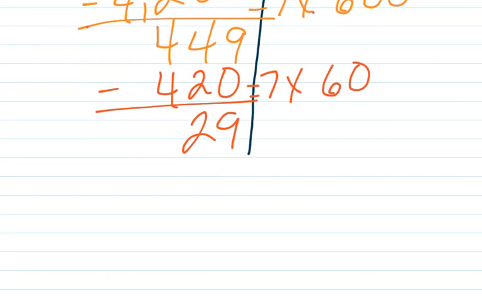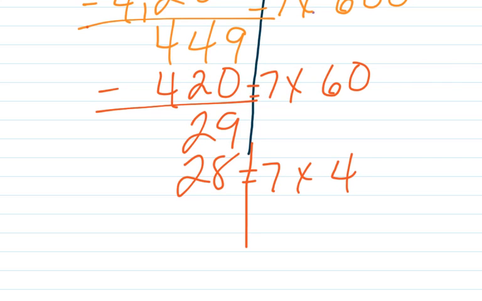And since I do know my facts, up to 7 times 7, well, 7 times 4 is 28. You remember, you always keep your equal sign and your numbers going inside your 7. So 7 times 4 is 28. 29 minus 28 is 1.